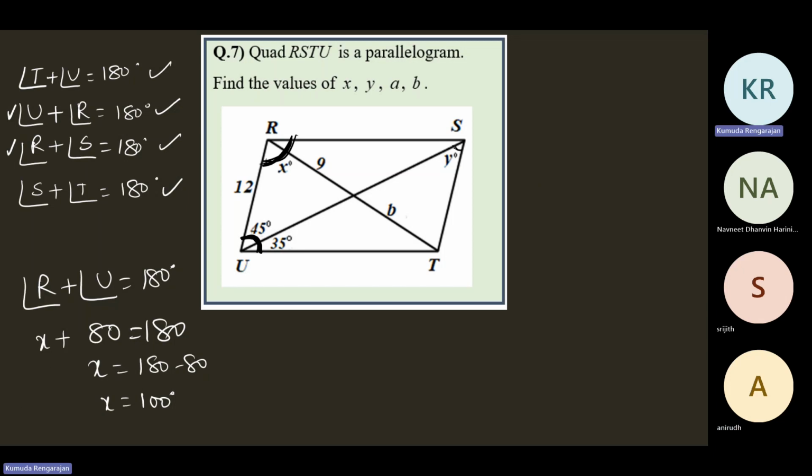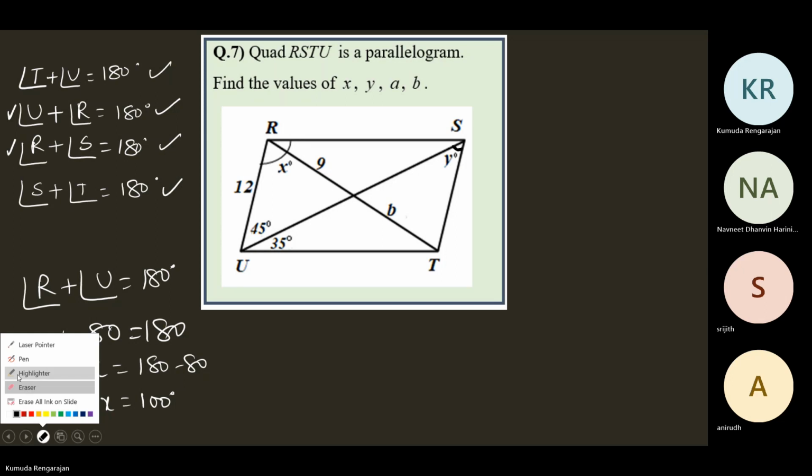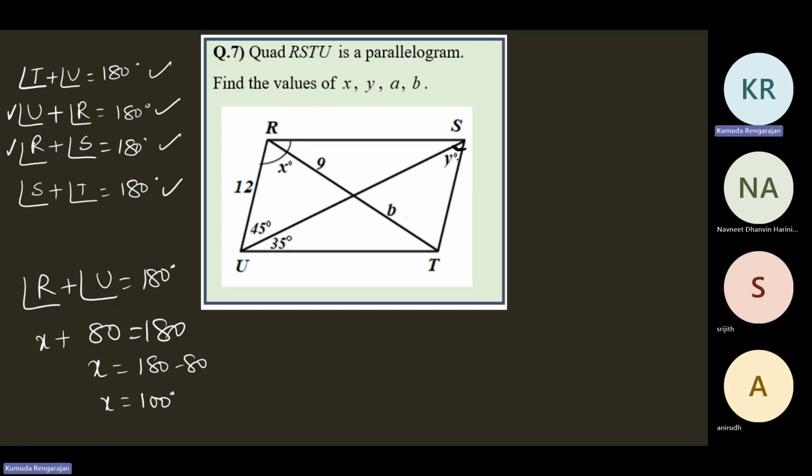That means only this portion is Y. What's the measure of angle Y? 45. Correct.